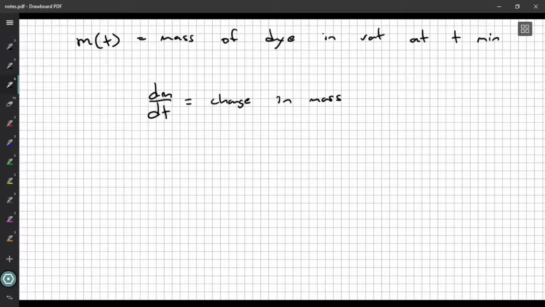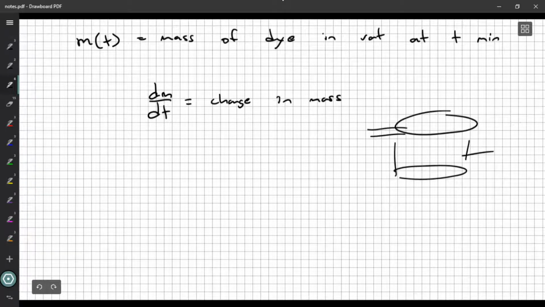Now, how does this mass change? Additional dye might flow into our vat, and then some of it will flow out with the well-mixed solution, dissolved in the water. So the change in mass is just how much mass is coming in minus how much mass is going out.